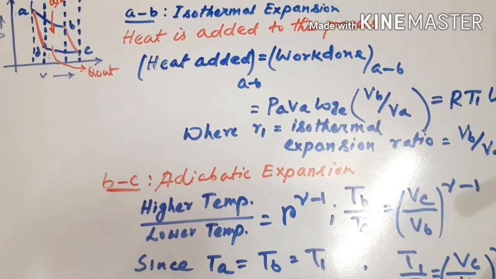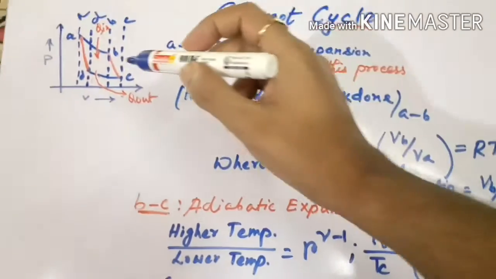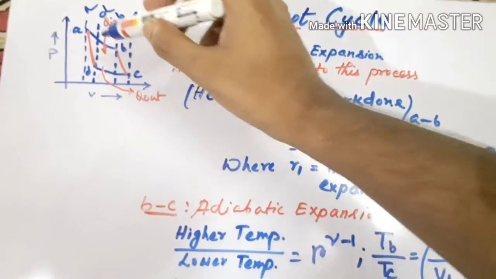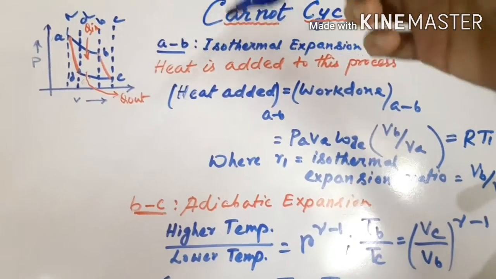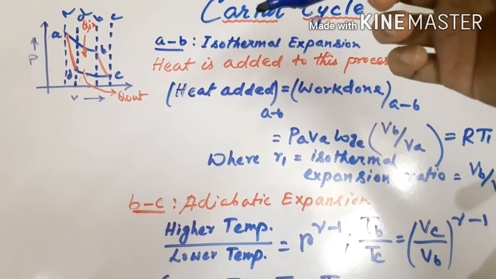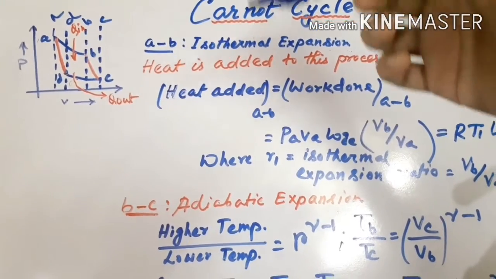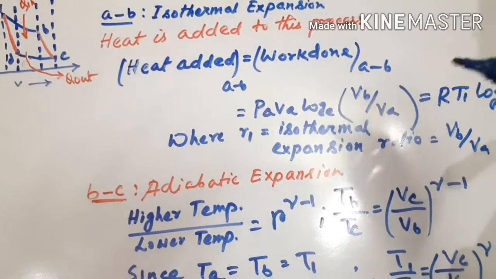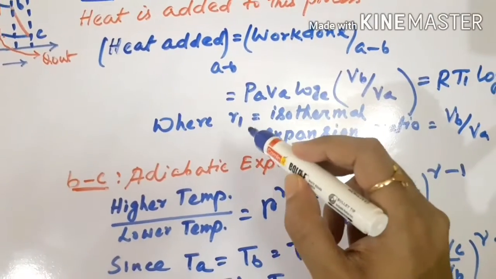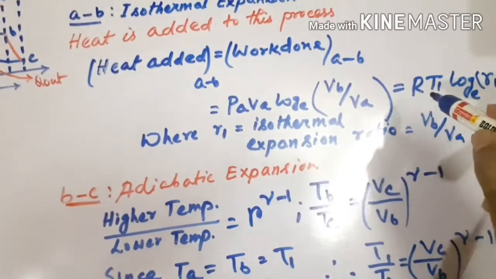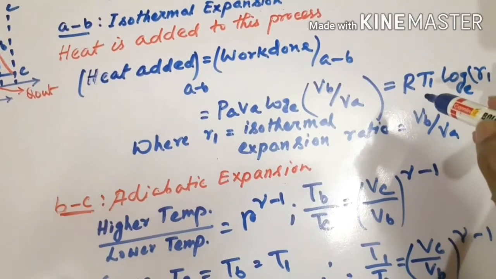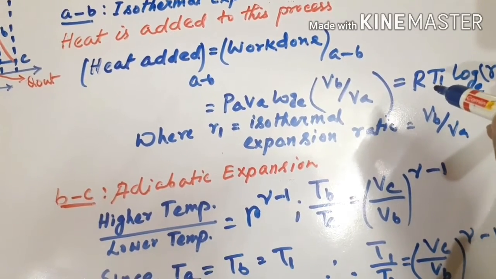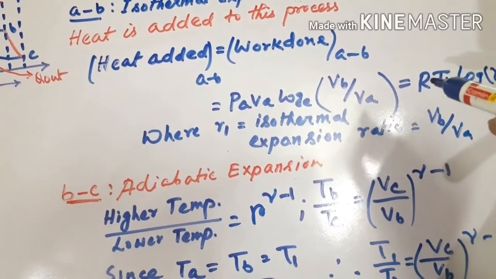So, PA VA is the initial volume term at point A. Now, the log of VB by VA, that VB by VA is nothing but the isothermal expansion ratio, which can be denoted by R1. That is why in the next line I have substituted PA VA by R T1, because you know PV is equal to nRT.